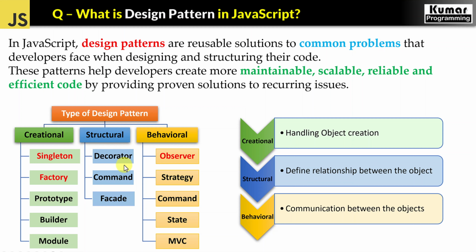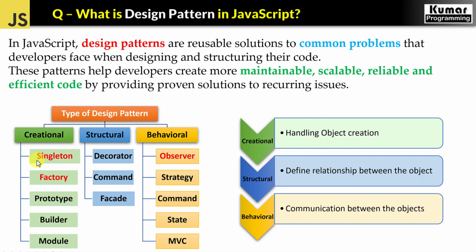So structural is also categorized into decorator, command and facade design pattern. And these design patterns are used to define the relationship between the objects. Now the third one, behavioral. Behavioral is also categorized into multiple design patterns such as observer, strategy, command, state and MVC, model view controller. And these design patterns are used to communicate between the objects.